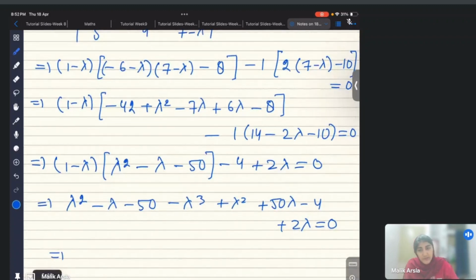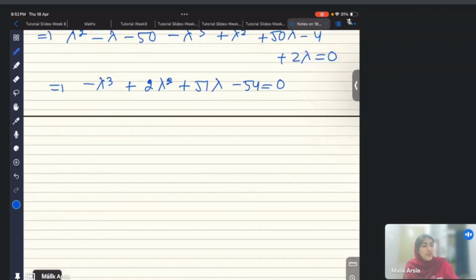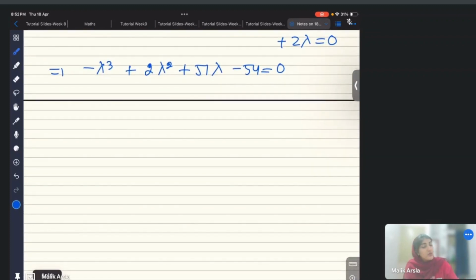So it will be minus lambda cube plus 2 lambda square plus 51 lambda, and minus 4 minus 50 is equal to minus 54 is equal to 0. So we have a cubic equation here whose roots we can simply find on any scientific calculator.